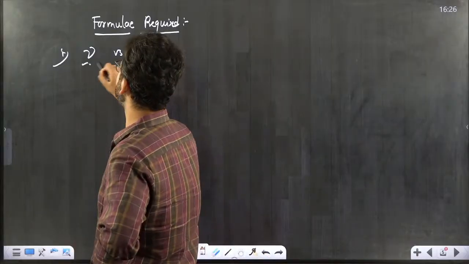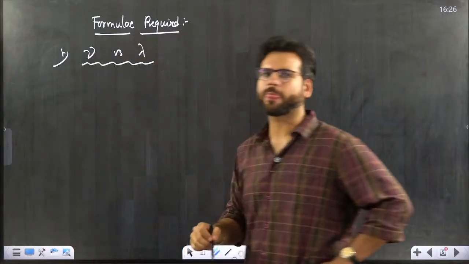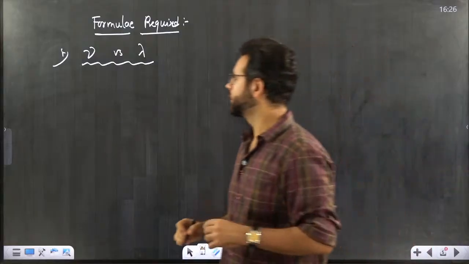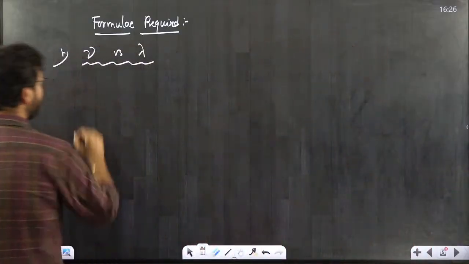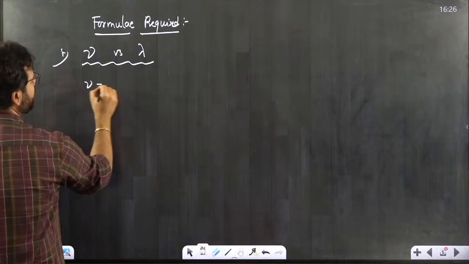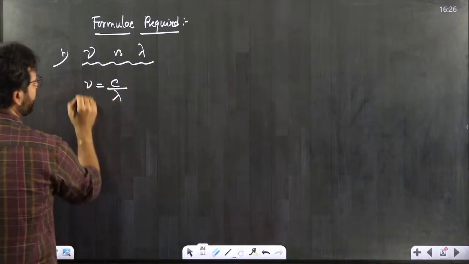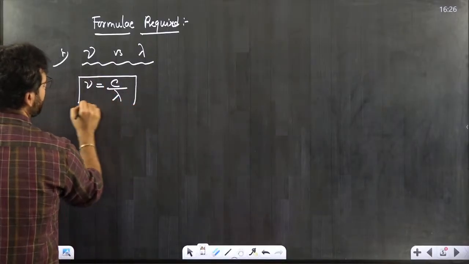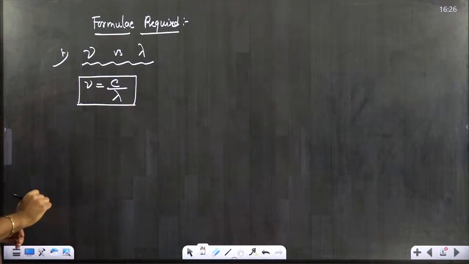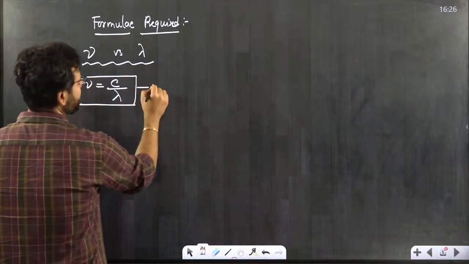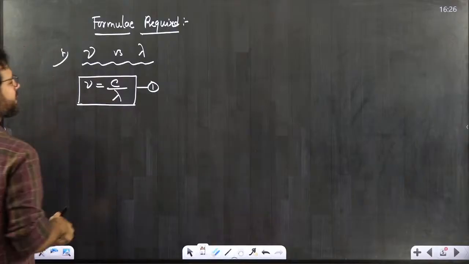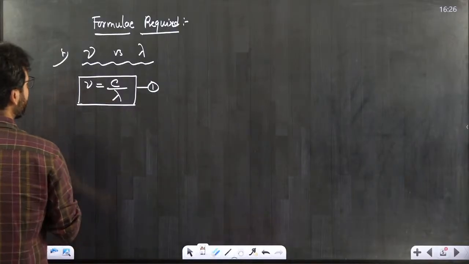Frequency is equal to C by lambda. Call it equation 1. Let's learn these equations first and then we'll see what numericals are possible from here.